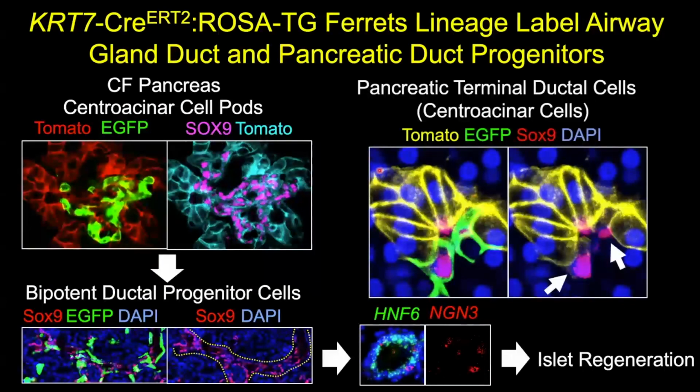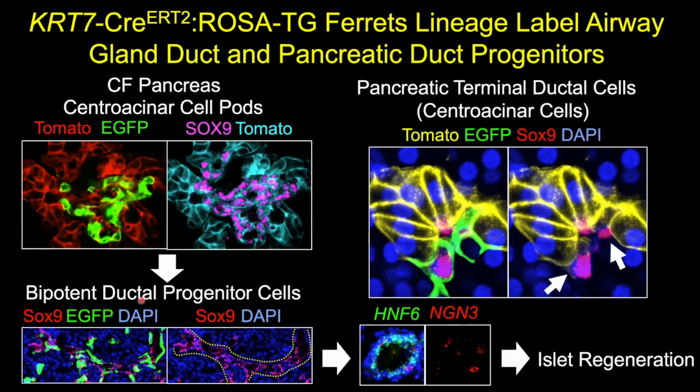Our interest in this lineage trace within the pancreas has to do with the fact that SOX9 positive pods expand in the CF ferret pancreas as the acinar cells are destroyed. In this case, we see acinar cells here in red, cyan here, with SOX9 expression predominantly within the lineage trace.